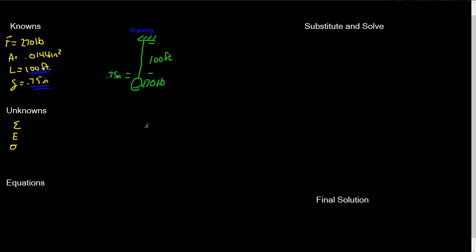We also know the calculation for the stress within the wire, and that's nothing more than the force divided by the area. Now epsilon, the normal strain, and the modulus of elasticity rather, can be represented as my stress divided by my strain.